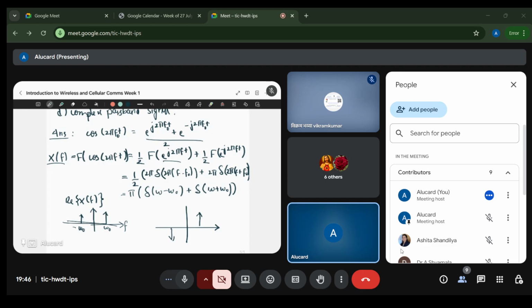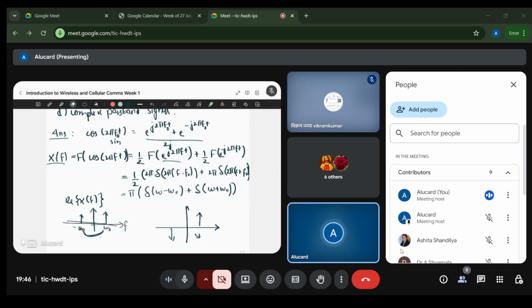So you can see that this is even. If you flip it about the y-axis, it's the same. So it's an even signal. But for the sine, you'll get an odd signal. And for the sine, when you expand it out as a sum of complex exponentials, in the denominator you'll get 2j.